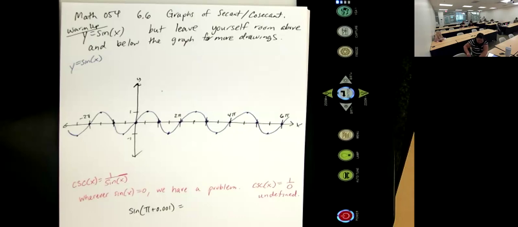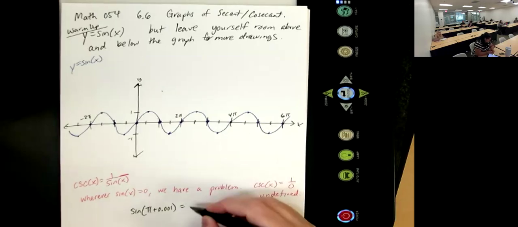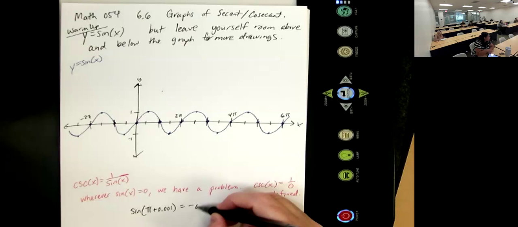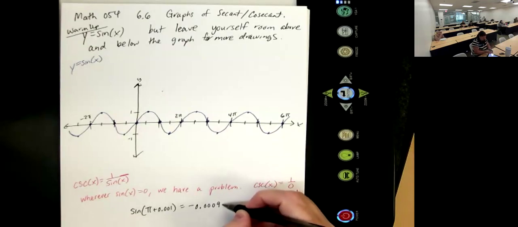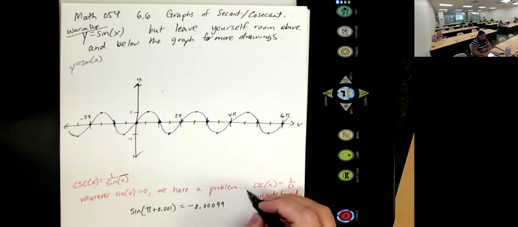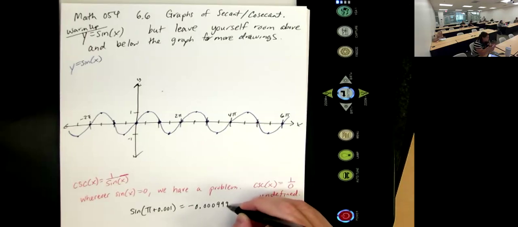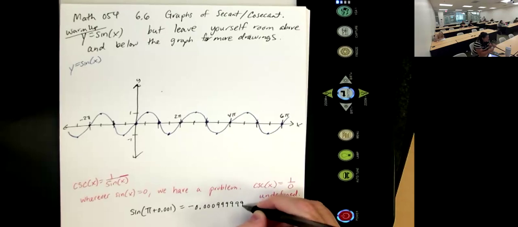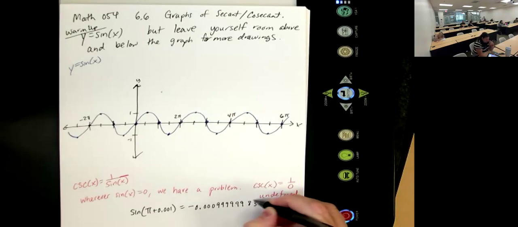Sine, parentheses, shift, pi plus 0.001. I'm getting negative 0.00099999, and it keeps repeating. Actually, it doesn't keep repeating, it eventually switches to threes. That's confusing. It's showing 6 nines, an 8, and then it goes to threes. How weird.